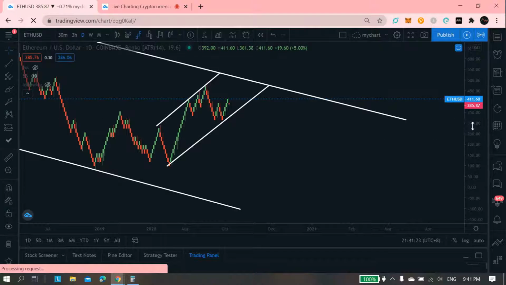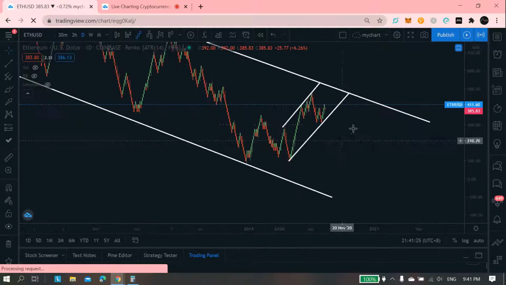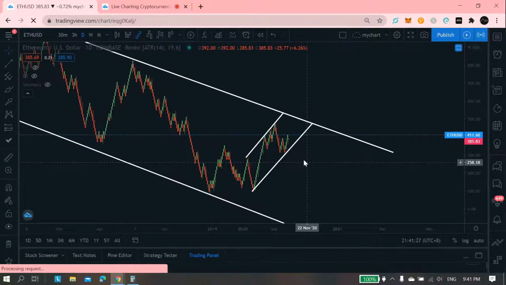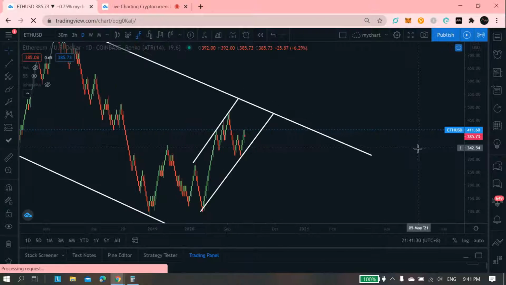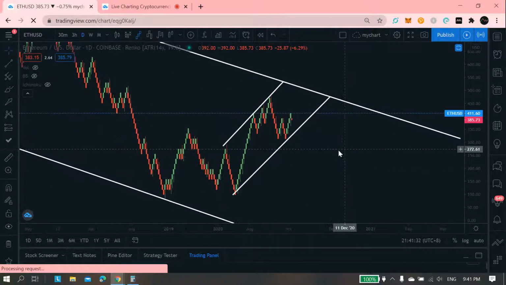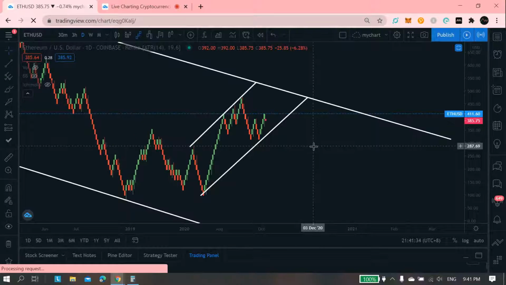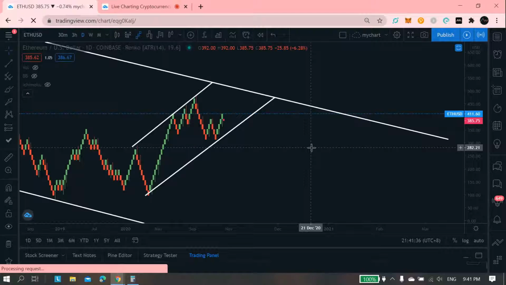So actually for this one, for Ethereum, I got stopped out and then I bought at a lower price. I mean futures, perpetual. So yeah, I think that's it.